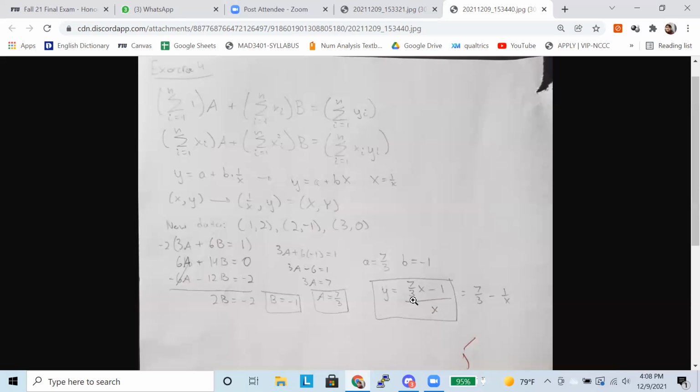You can write it like this, or like this because it looks nicer. This is your final answer. So at the end you have to bring it back: instead of A, you write 7/3, because you just solved that. Same thing with B.